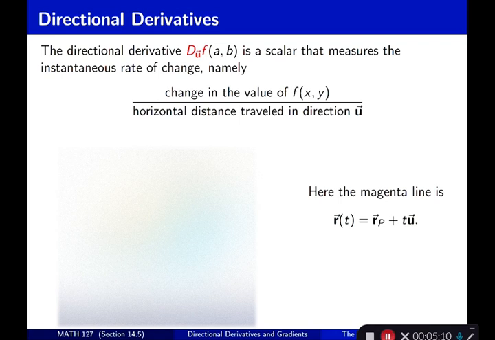The directional derivative in direction u of f at a and b is a scalar that measures the instantaneous rate of change, namely the change in the value of f of x and y over the horizontal distance traveled in direction u.